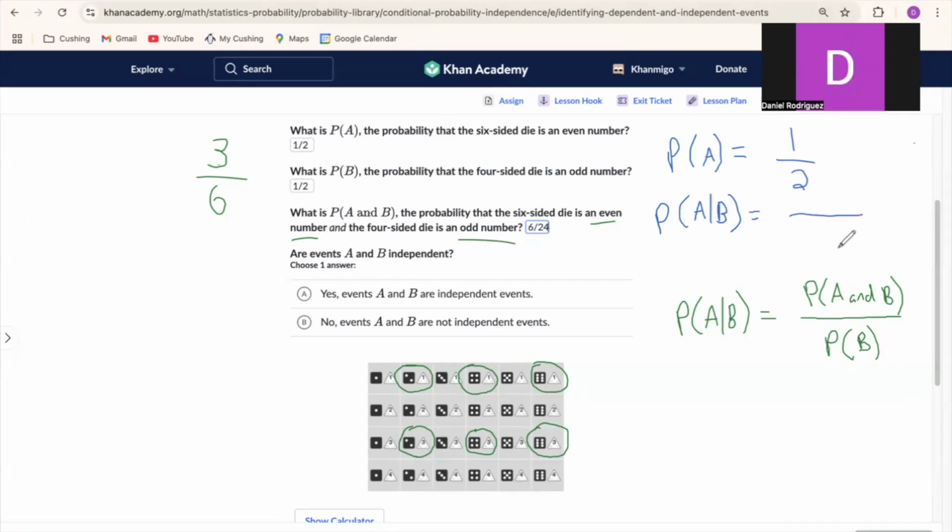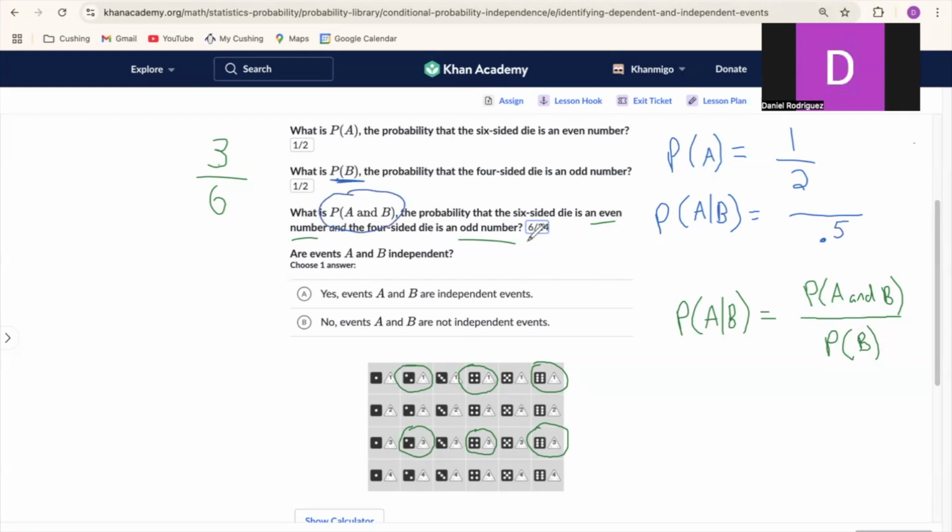So the denominator here is going to be B. So it needs to be all the times where I roll an odd number on the four-sided die. That's B, and that's 0.5. We actually already have that probability of 0.5. And then A and B, that is both. So that's even on the first die, odd on the second die, and actually that's this here.